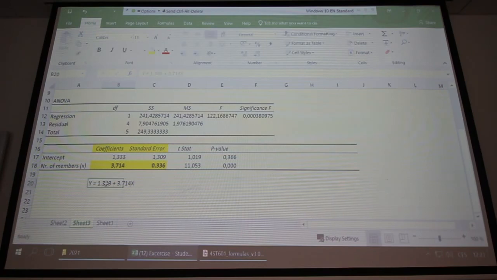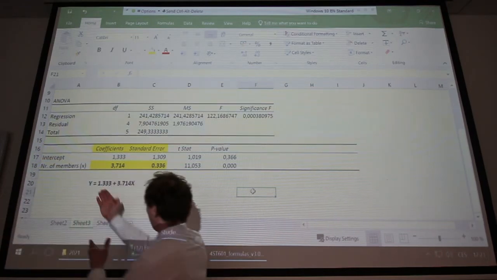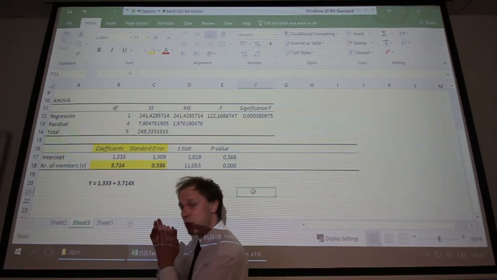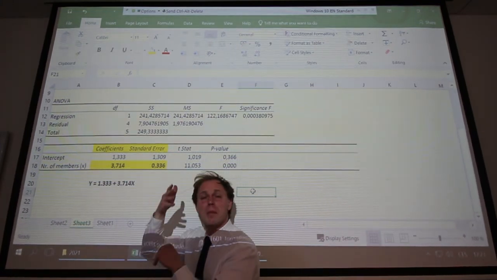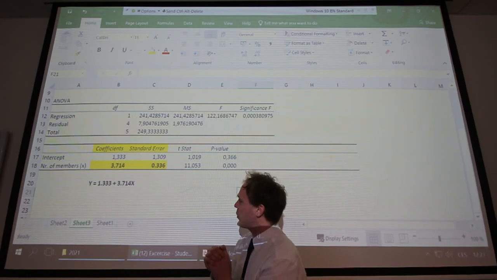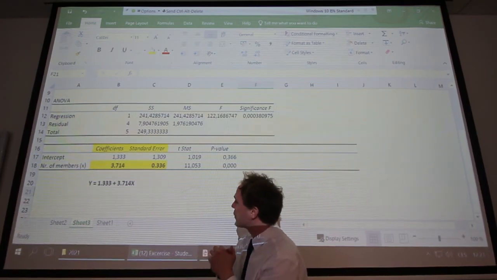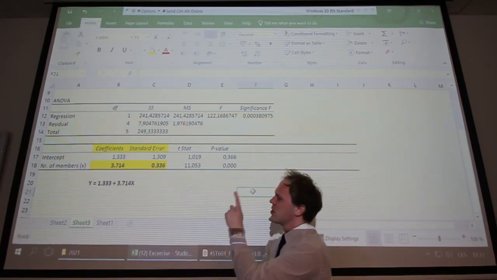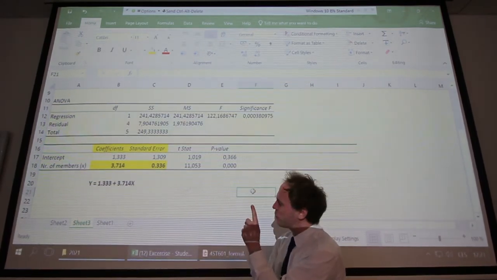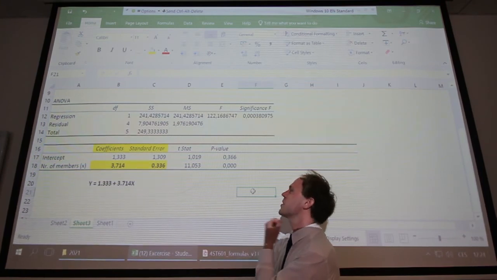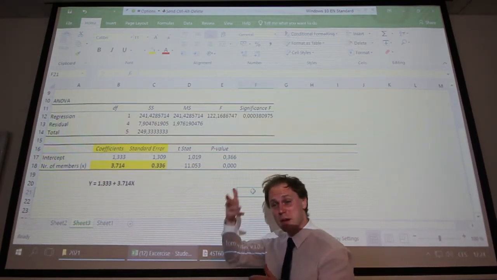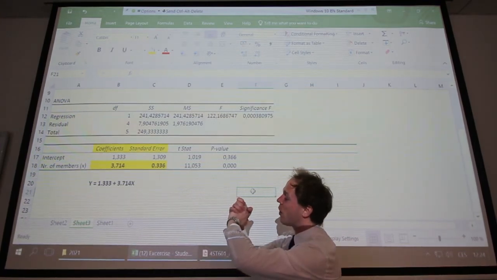So this is my regression line. Do you remember this? 1,333 Norwegian crowns is the autonomous expenditure, which must be paid even if the house is empty. And 3,714 Norwegian crowns is what you need for every other person in your household.